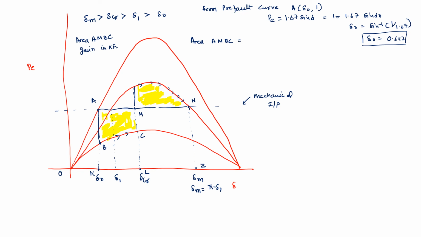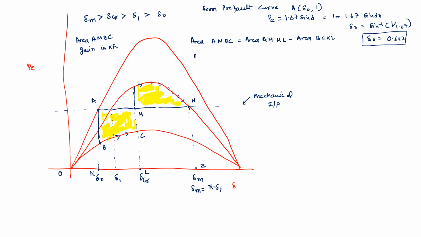So area AMBC is equal to area AMKL minus area BCKL. So this will be the first area.